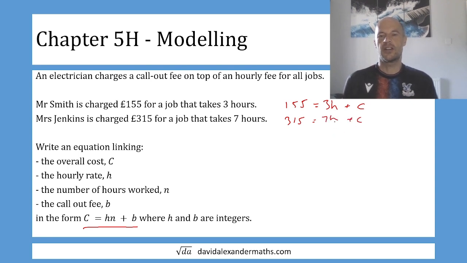So what I've got here are two simultaneous equations, and I've got the same number of C's in both, so if I write the 155 equals 3H plus C underneath, it's going to make the subtraction. So remember, with simultaneous equations, same sign subtract. So what is 315 take away 155?